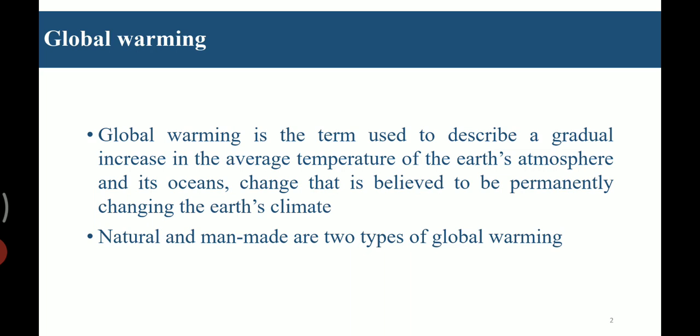First, what is global warming? Global warming is the term used to describe a gradual increase in the average temperature of the Earth's atmosphere and its oceans, a change that is believed to be permanently changing the Earth's climate.